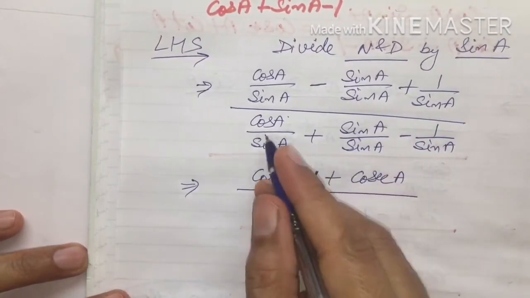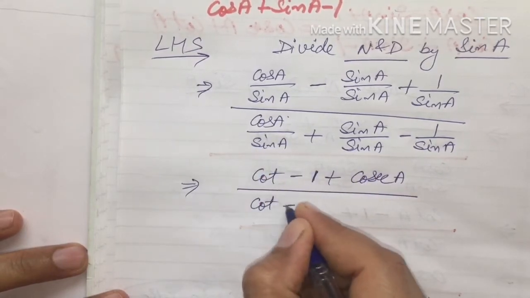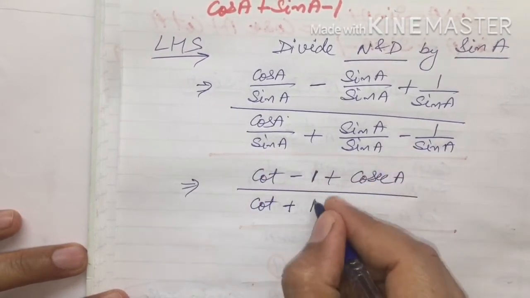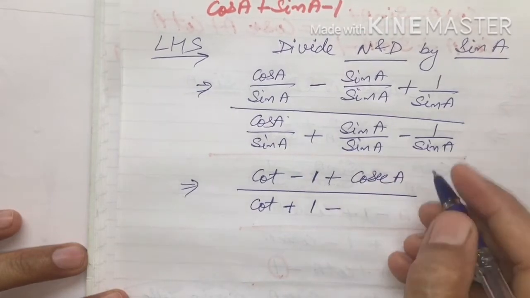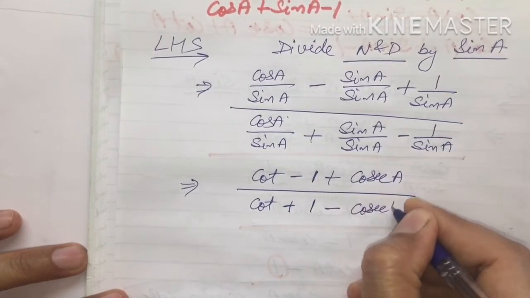Same in the denominator: cos upon sine is cot, plus sine upon sine is 1, and minus 1 upon sine is cosecant.